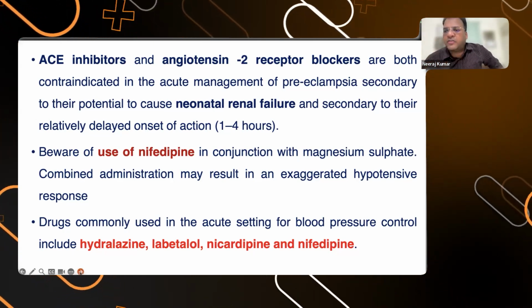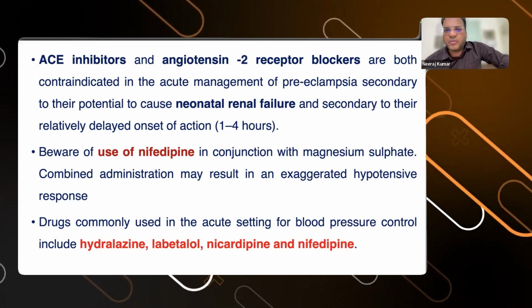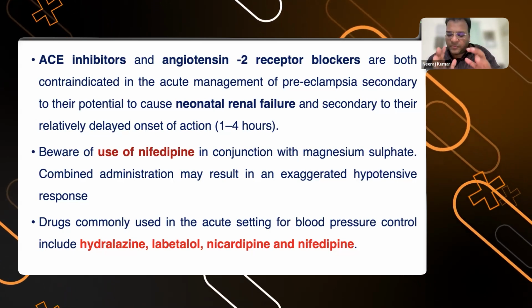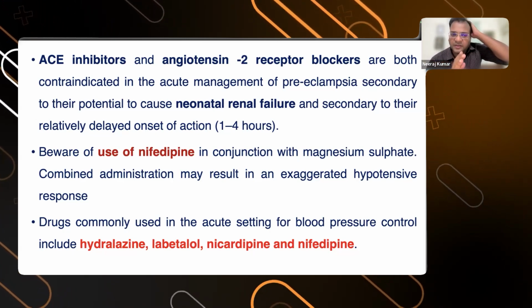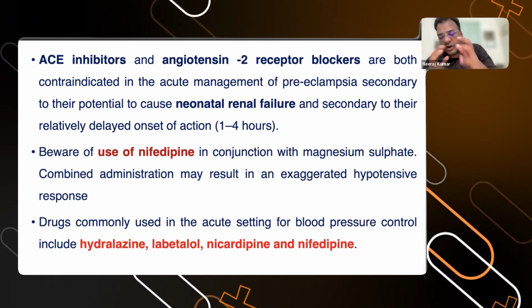It takes around 1 to 4 hours to act. So ARBs and ACE inhibitors have to be avoided in this subset of the population for managing blood pressure. But what about nifedipine?